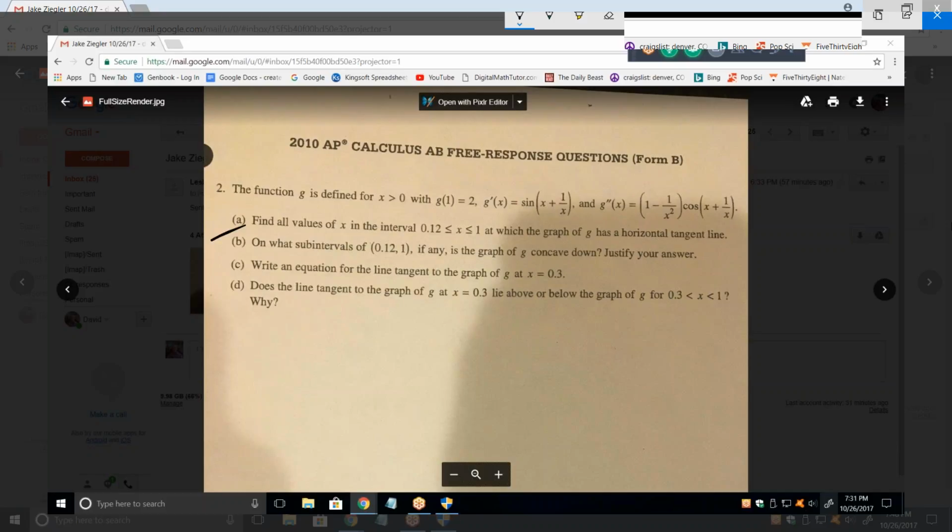We got 10 minutes. On what subintervals in that interval is the graph concave down? Justify your answer. Well, when is the graph of a function concave down? What's the second derivative when it's concave down? Positive or negative?